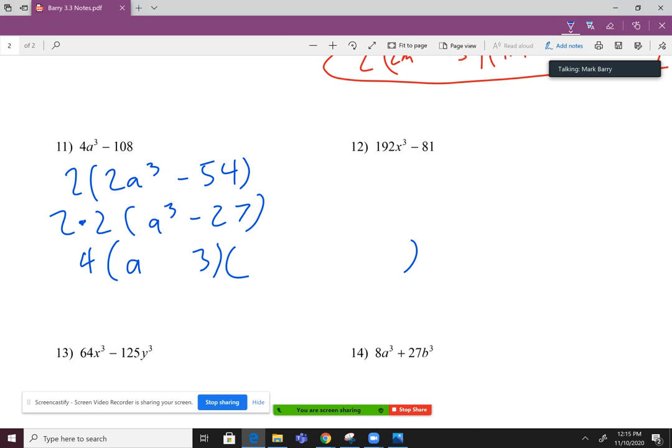All right, so once I got my small parenthesis built, first thing times itself, a times a is just a squared. A times 3 is 3a. And then 3 times 3 gives me 9. This one was a minus, so I do same, opposite, always positive, and we are done.